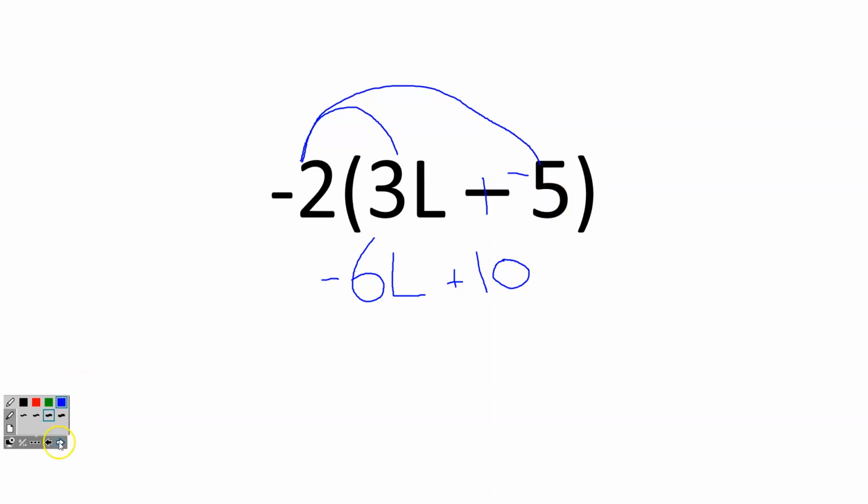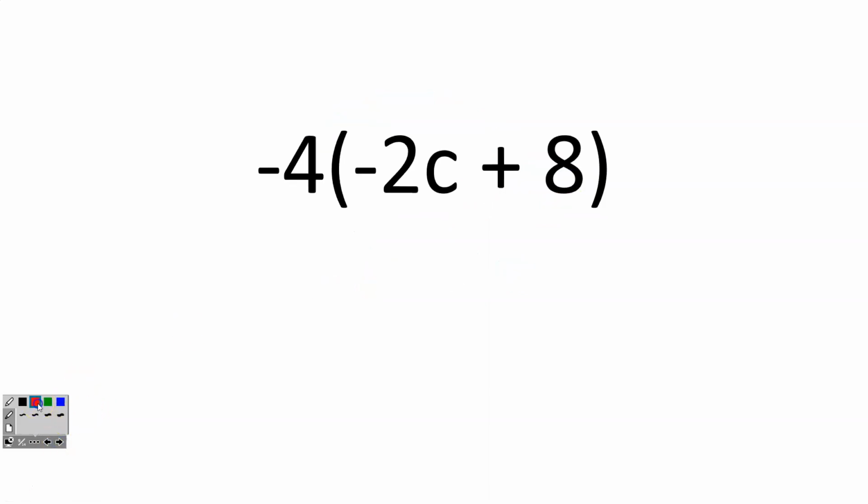So on this problem here, I have my negative 4. So I'm going to distribute that. There's my rainbow. A negative 4 times a negative 2 would be a positive 8. Don't forget your variable.